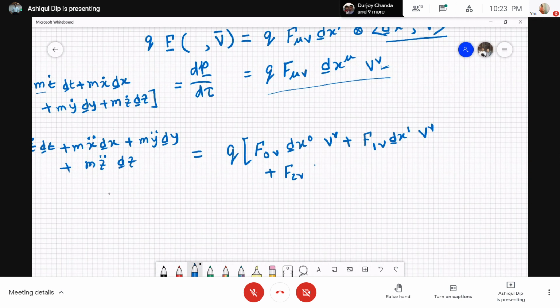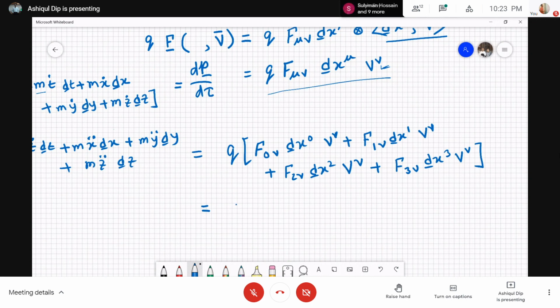f2 nu dx2 v nu plus f3 nu dx3 v nu, right? I can write like that. This thing is a whole one form. So now let's simplify things.